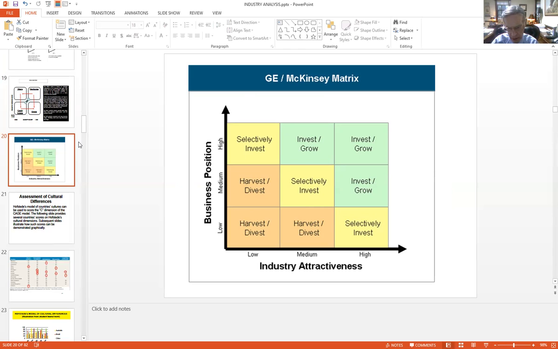And then how attractive is the industry? We used market growth as an indication of attractiveness, but industry attractiveness could also be industry profitability. For sure, the pharmaceutical industry, by way of example, is much more profitable than many other consumer products companies and industrial products companies.